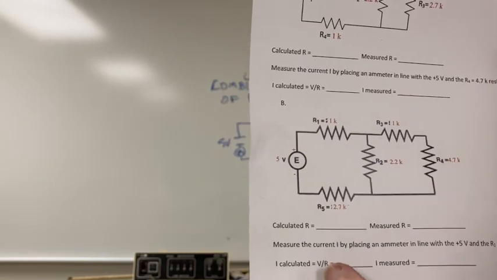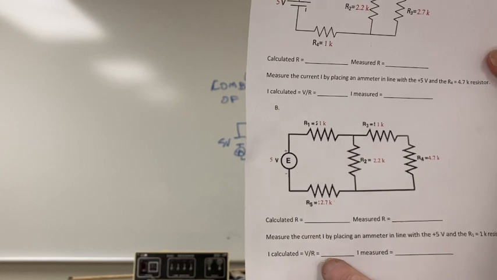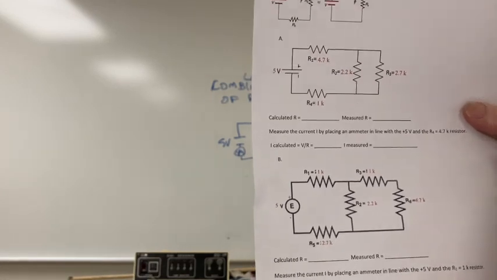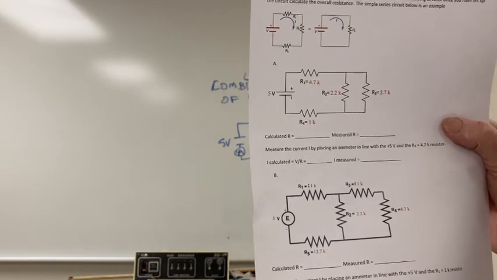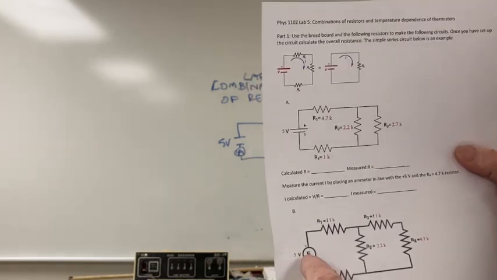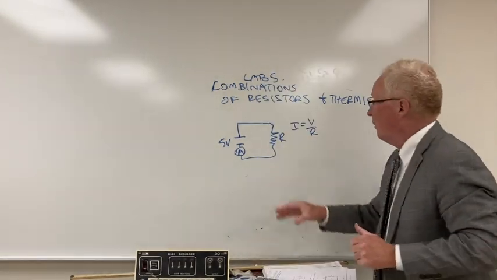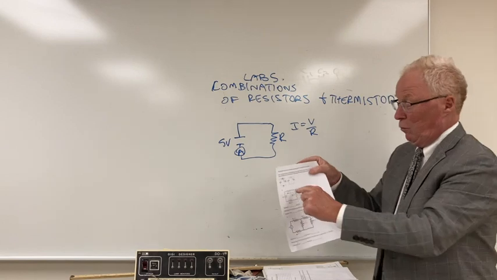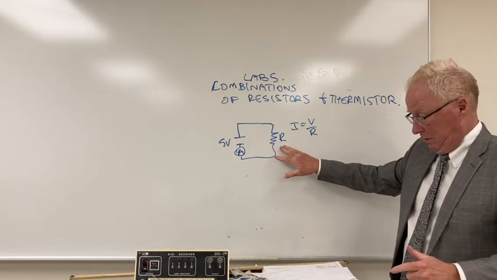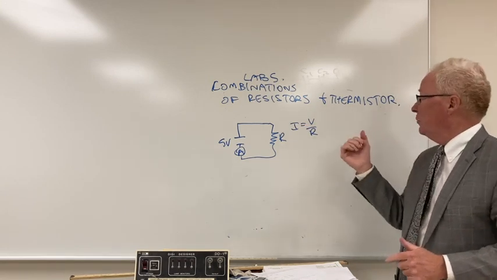And then from there, we'll calculate the voltage, the current, based on V over R. And for this case, I'll have you calculate what V over R, the current, should be based on replacing each one of these sets with an overall resistance R. All right, so again, go back over to chapter 19 lecture to do that.